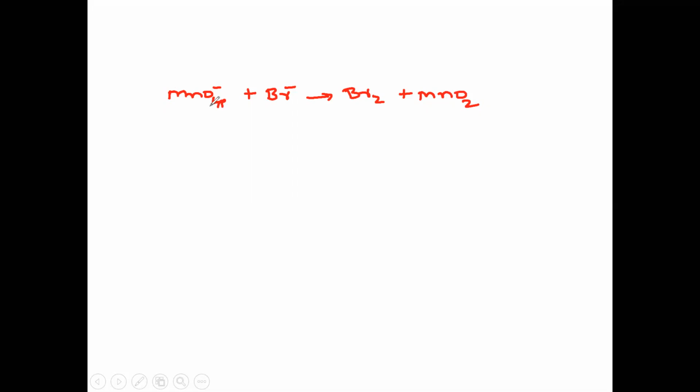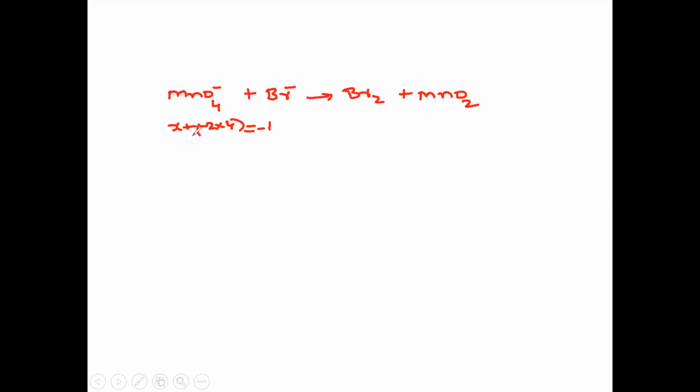Let us see MnO4 minus. Let us take the oxidation state of manganese here as X. We know the oxidation state of oxygen is -2 in most cases. So -2 into 4 plus X is equal to -1. Why is it -1? Because the sum of all the oxidation states of a polyatomic ion is equal to the charge on the ion.